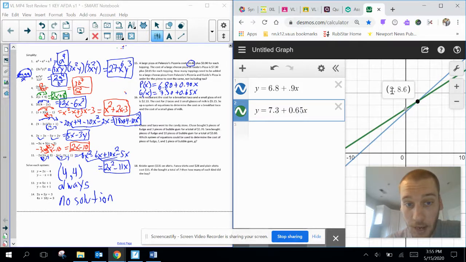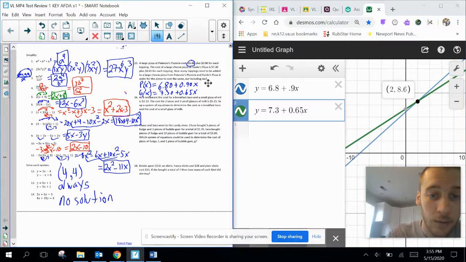So if you get two toppings, it will cost $8.60 at either restaurant. So it says how many toppings need to be added. That is going to be just my X value, which is 2. So two toppings at the first place cost $8.60. Two toppings at the second place also cost the same amount, $8.60.